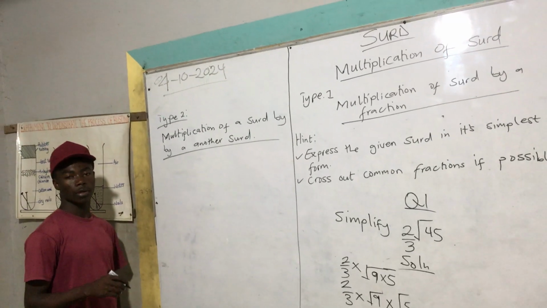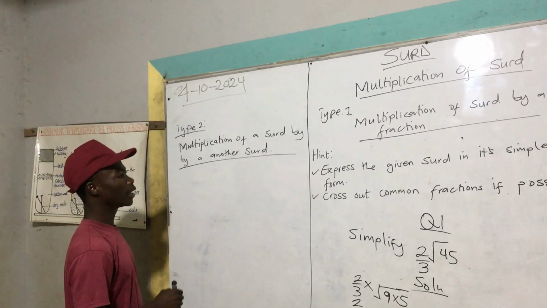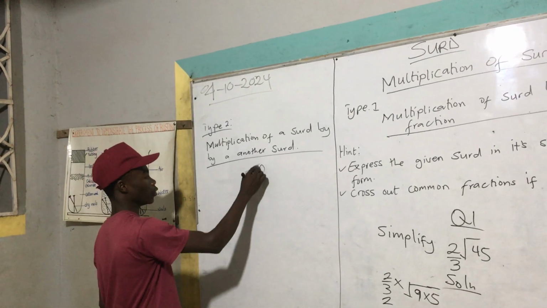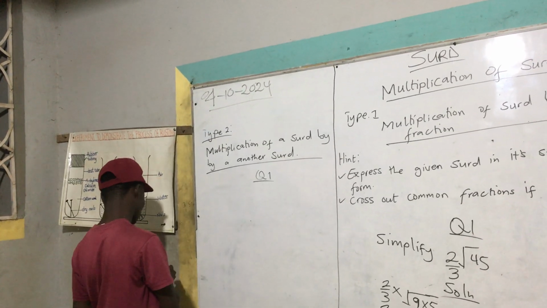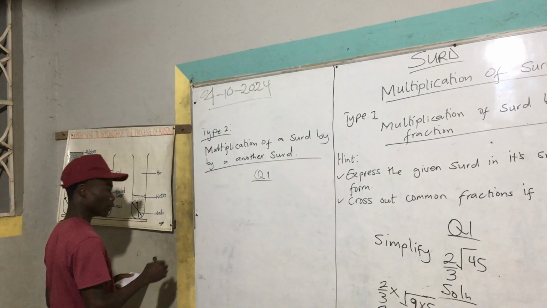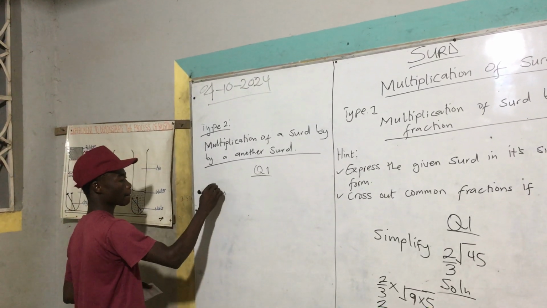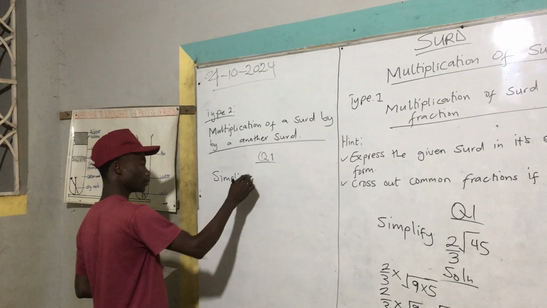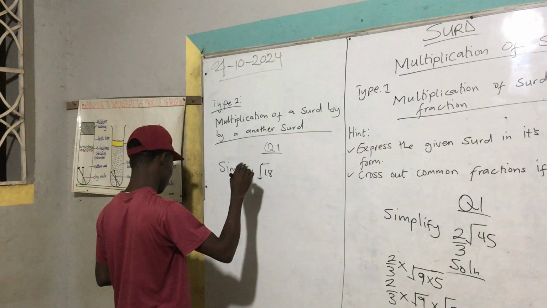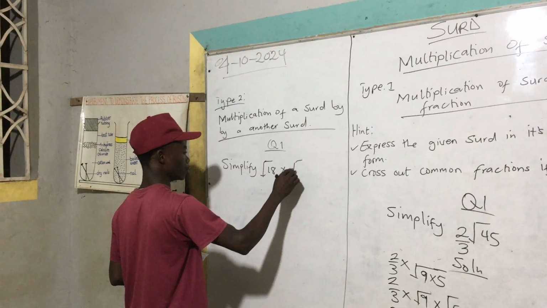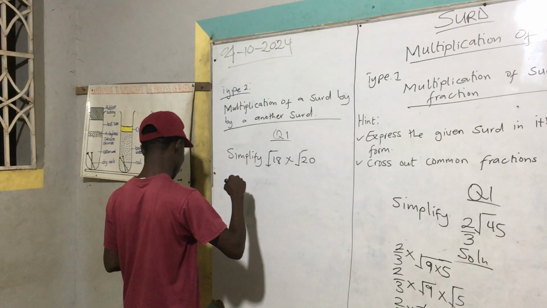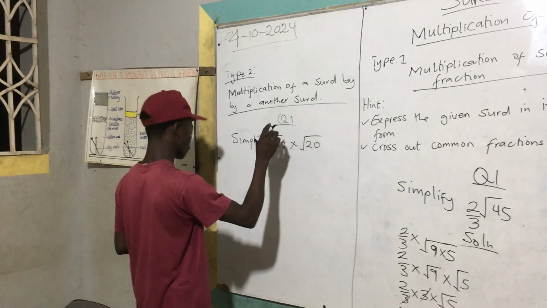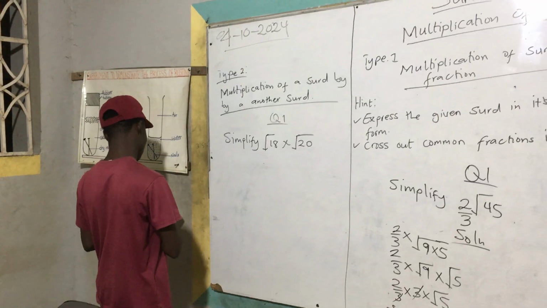So let's look at some problems under type 2. Okay, our first question: simplify root of 18 times root 20.